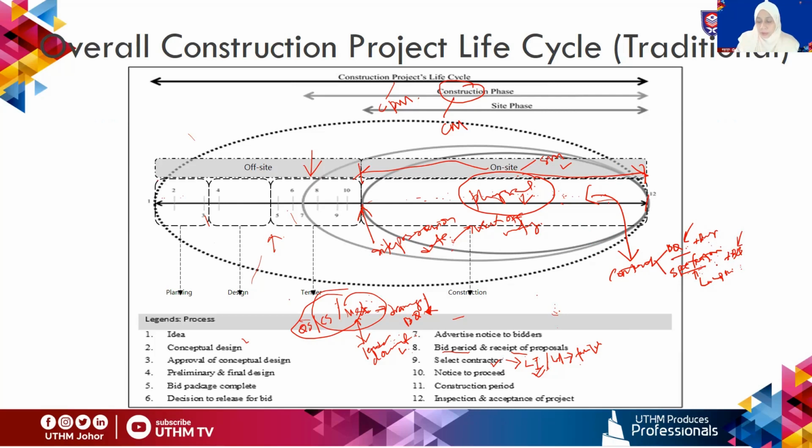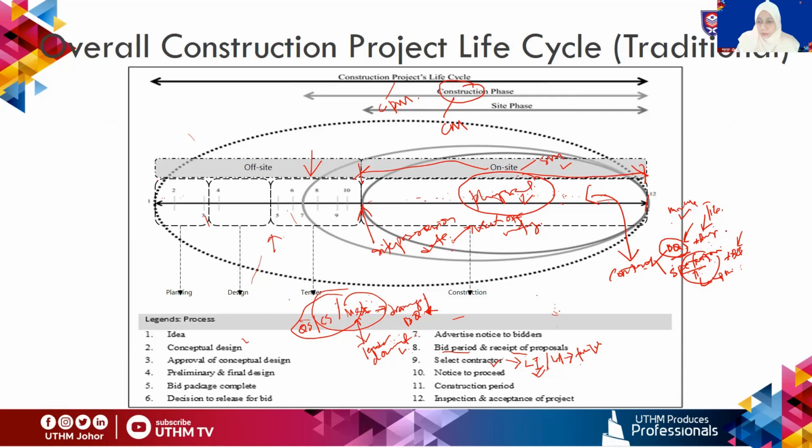Tapi all the activities ataupun all the scope of work tu must depends on the specifications. Kalau contract based on BQ, all the activities must depends on the BQ. Meaning that kalau ada discrepancies between these, contohnya dalam BQ kata marble, dalam drawing kata tile, ceramic tile. So yang paling betul adalah marble.